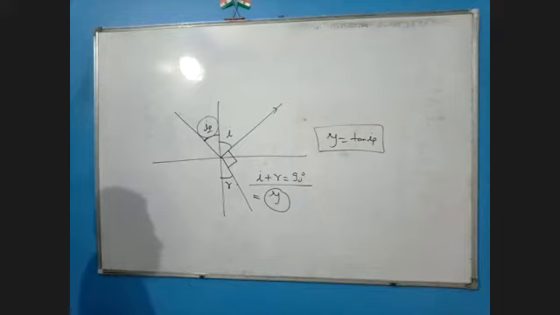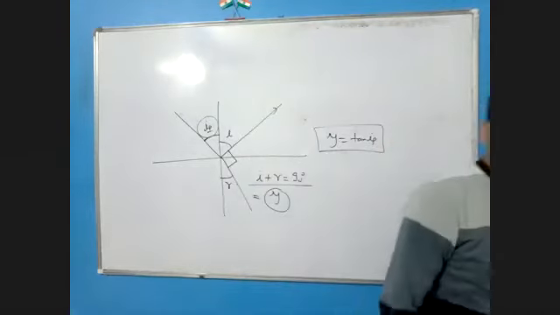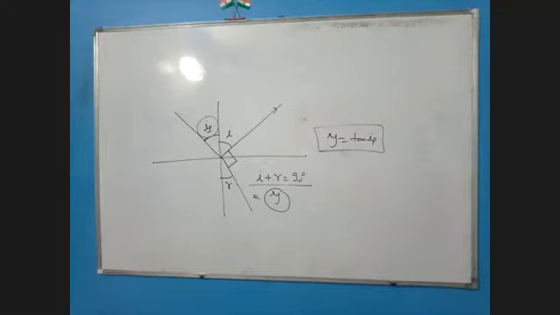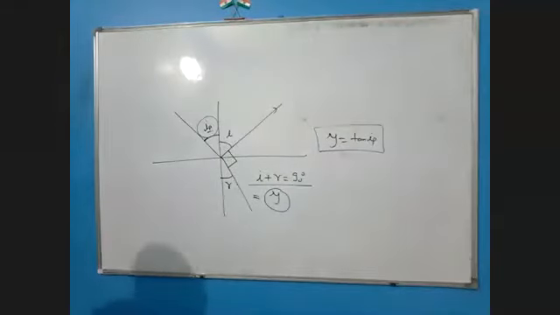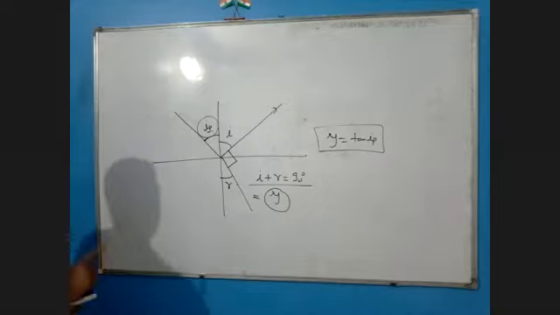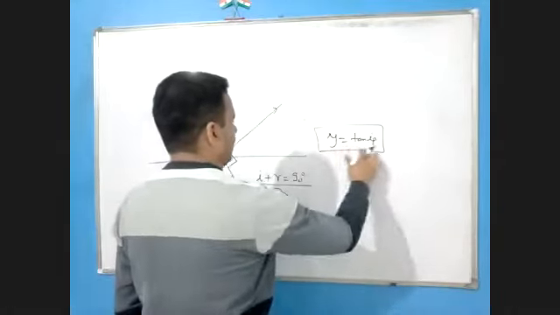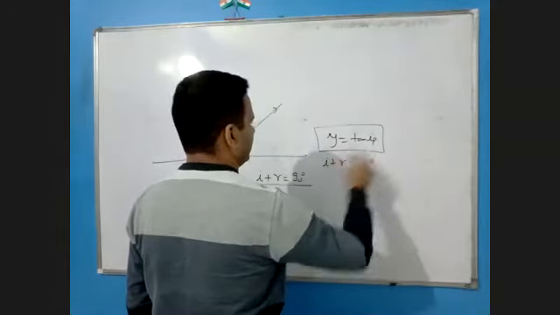The refractive index of the medium is given by the tangent of the angle of polarization. तो सर यहाँ दो बातें हैं, either mu equal to tan IP or I plus R equal to 90 degree.